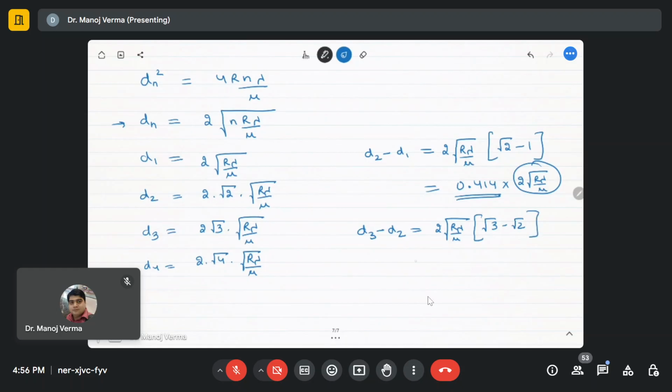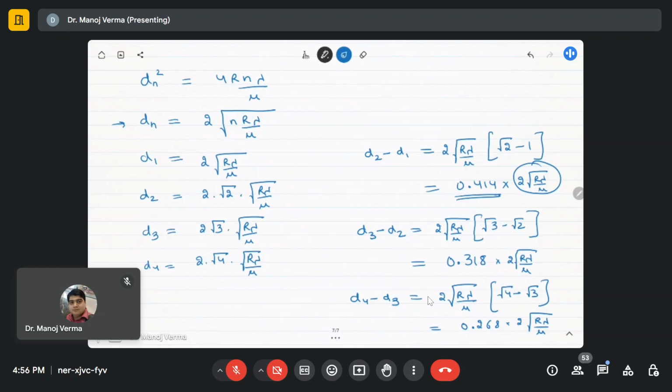D3 minus D2: it will be 1.732 minus 1.414, which comes to 0.318 into the same factor 2 root r lambda by mu, right? Again, if I want to find the difference between the diameters of the fourth and third ring, it is 2 root r lambda by mu into root 4 minus root 3, which comes to 0.268 into 2 root r lambda by mu.